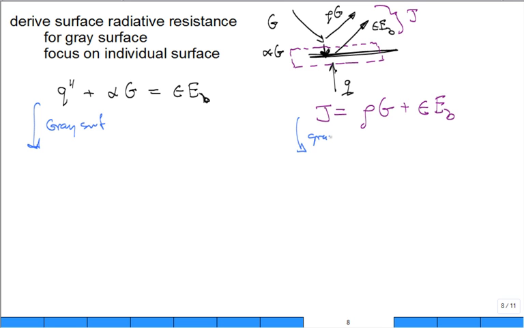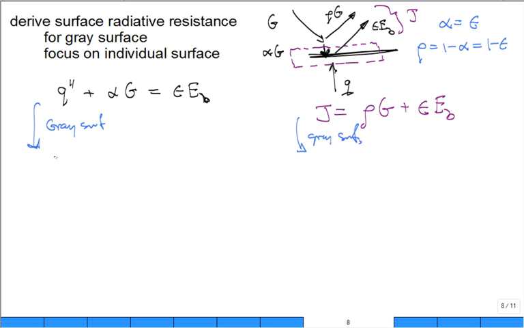What does it mean to be a gray surface? What's the relationship between absorptivity and emissivity for a gray surface? They're equal. And this is an opaque surface, so the reflectivity is 1 minus the absorptivity. And if the absorptivity is equal to the emissivity, then the reflectivity is 1 minus epsilon.